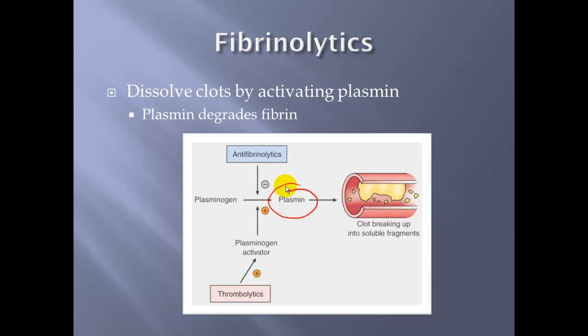In the older days, we used things like TPA, and you may still use TPA today in some indications. TPA is tissue plasminogen activator. The only thing that medication does is activate the plasminogen in the tissues. Once it's activated, it forms plasmin, which will break down the clot.